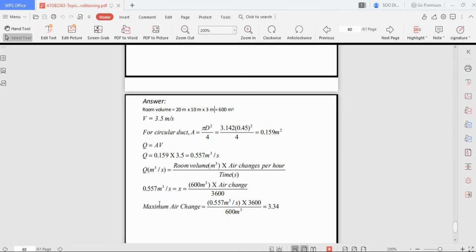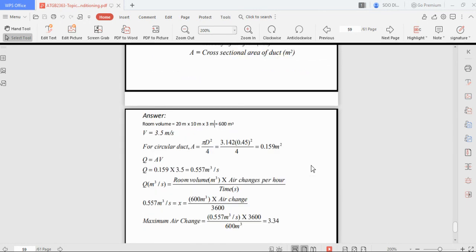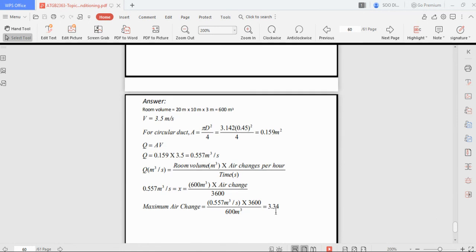So you plug this in and then 600 meter cube is your room volume. You have to find your air change, which is divided by the hour in second. By solving this equation, you get that the maximum air change that you get with this system in place for this sort of room will be 3.34 changes per hour.